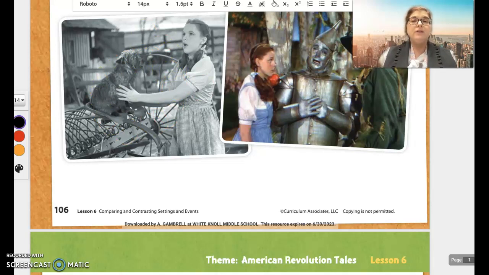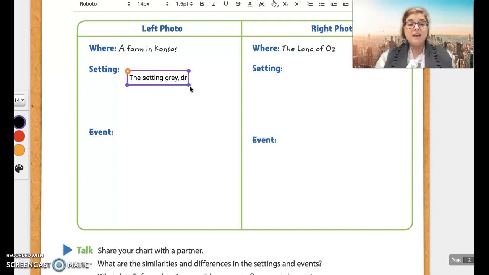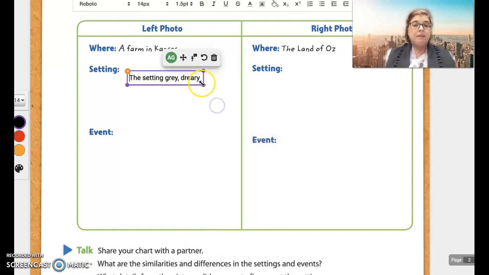What's the setting look like? All right, so the place is a farm in Kansas. The setting is gray, dreary, gloomy, right?